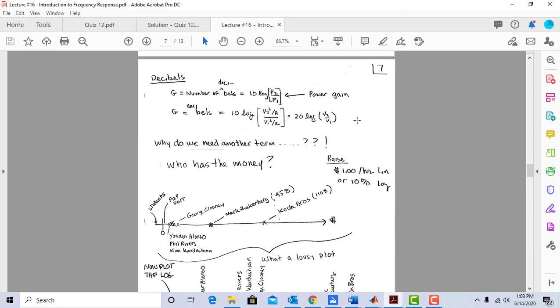Now, engineers just screw this up horribly. When I do job interviews and I interview people, engineers, even if they work with dB all the time, they often mess this up. I ask them, give me the definition of decibels, and they give me the 20 log, and then I ask them where that comes from, and they always mess up the 20 versus the 10.